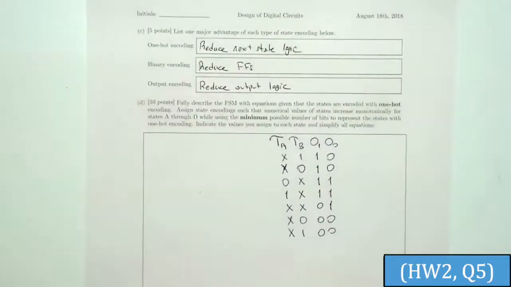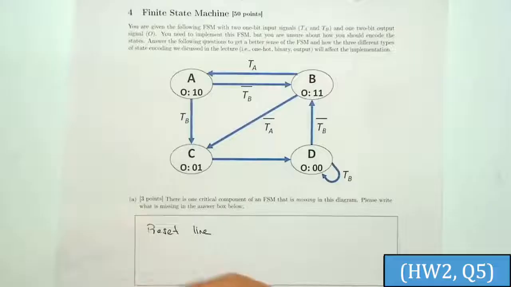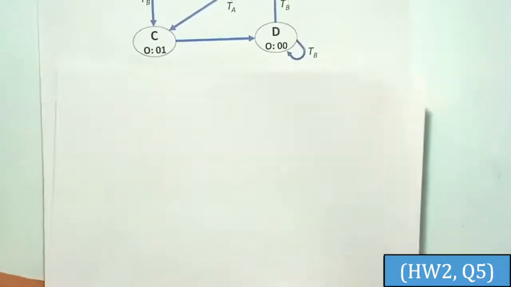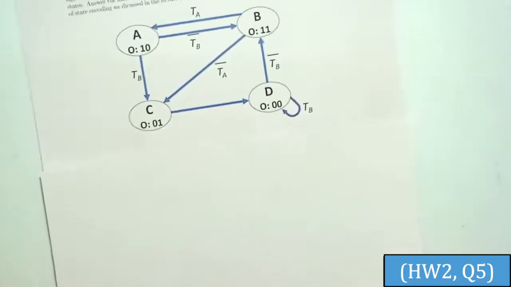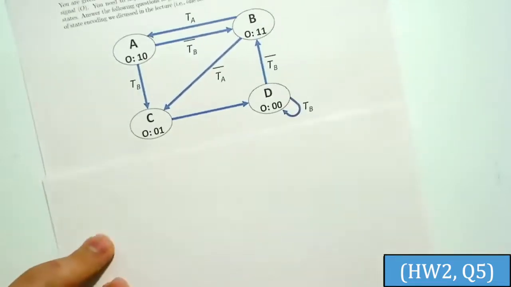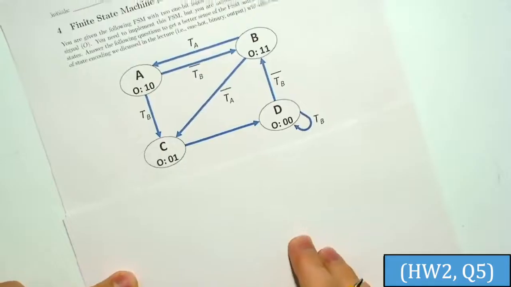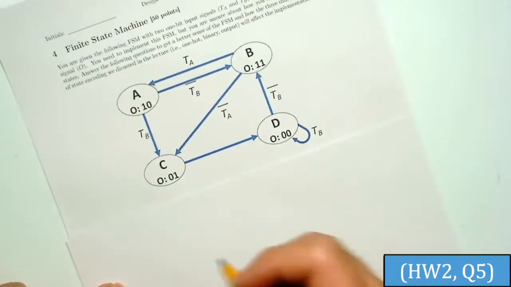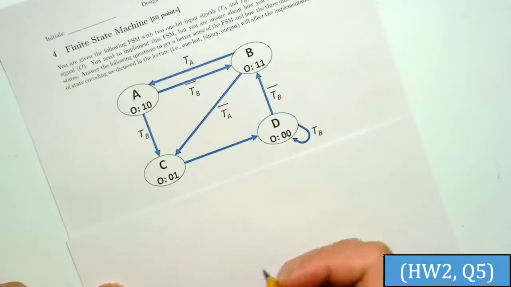So what I'm going to do now is write a truth table, a higher-level truth table, I would say, because I'm not going to represent the states with bits, and this will be my reference for the next three questions.